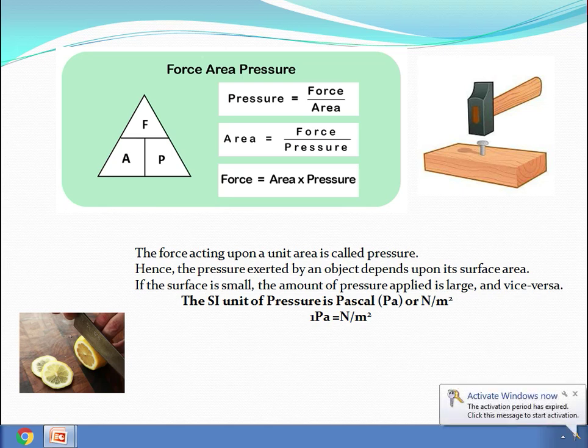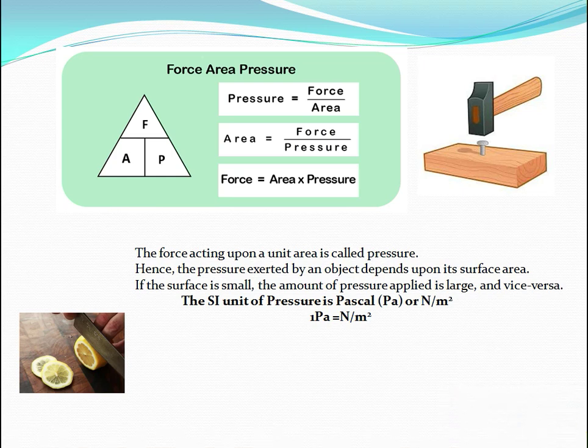Now the next picture you can see on the screen, that is the nail. While putting a nail into a wooden board, the pointed end of the nail is kept at the front. The pointed end of the nail has a very small surface area, and this enables us to apply less force to produce greater pressure.